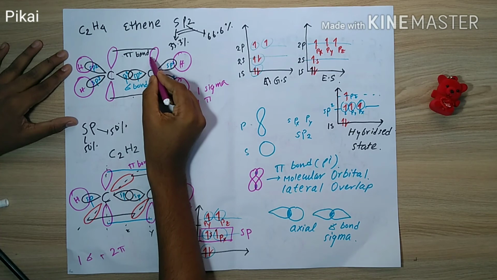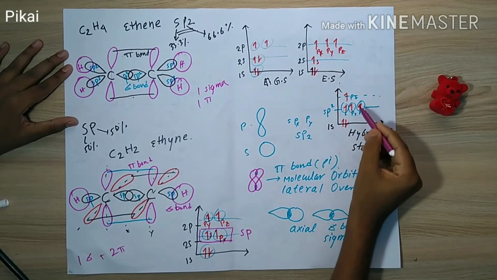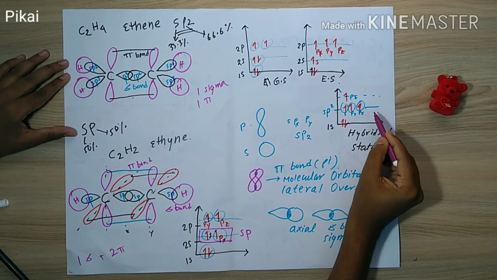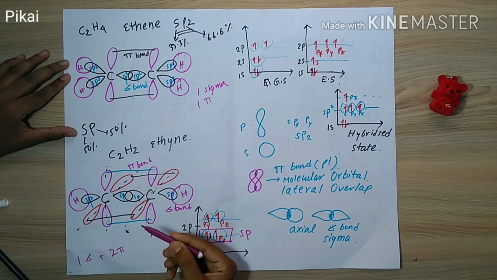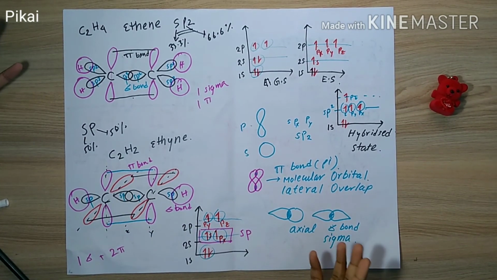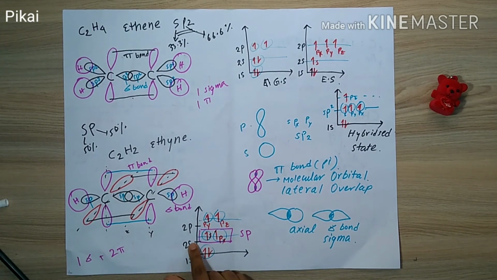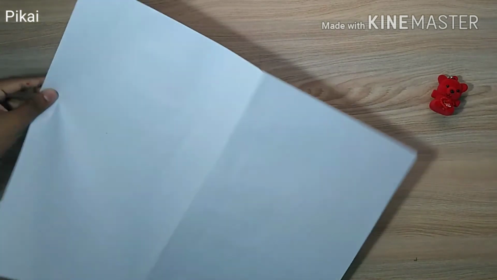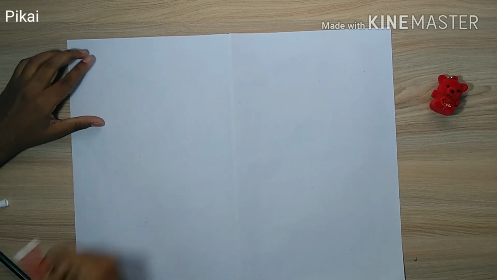So we have one pi bond in C2H4, and it has sp2 hybridization formed by one s, one px and one py, and in ethyne, C2H2, there are two pi bonds by sp hybridization. So it is now concluded that hybridization is necessary to form these compounds.